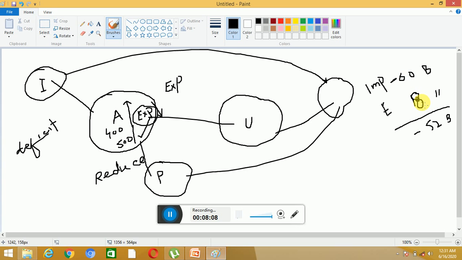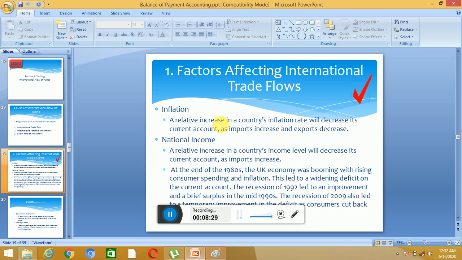But now 60 minus 8, because exports decrease, it goes up to 52 billion. So because of the increase in inflation, our current account goes into more deficit, 2 billion further deficit. So see here, a relative increase in a country's inflation rate will decrease its current account as imports increase and exports decrease. Imports are already high.